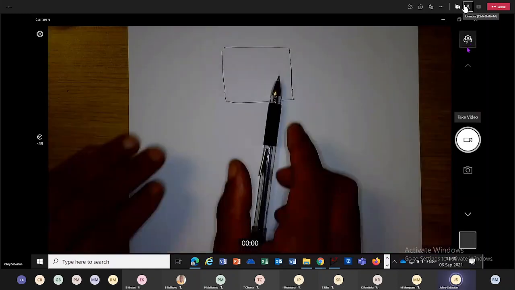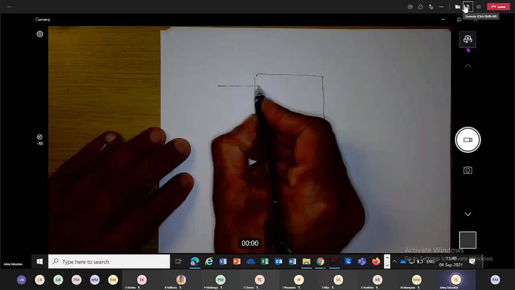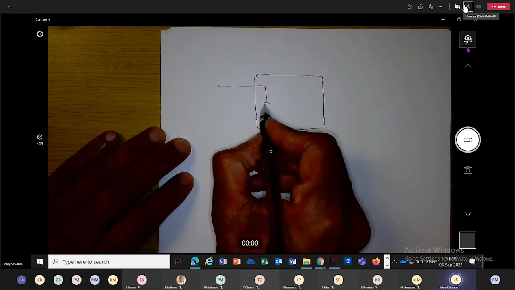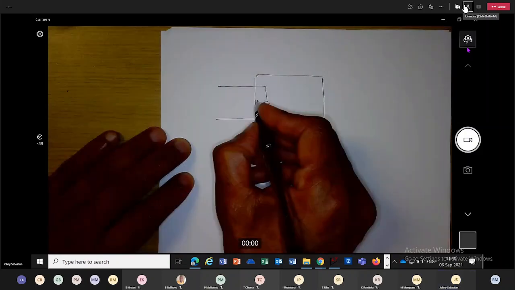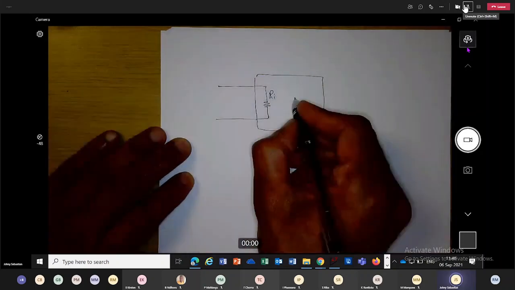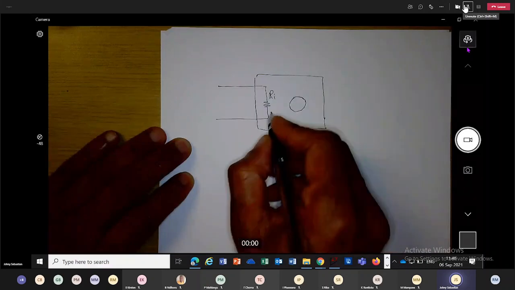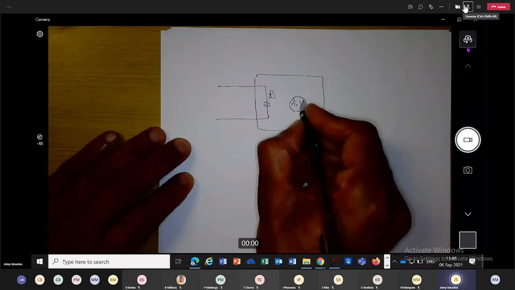An amplifier has something called an input resistance, RI. Then the amplifier generates a gain, AV times VI.